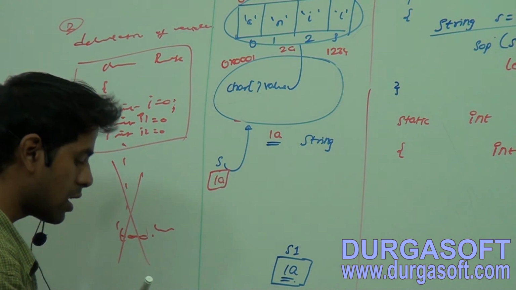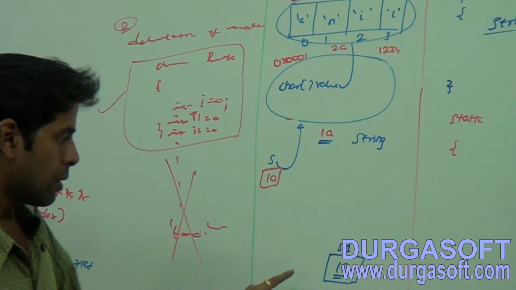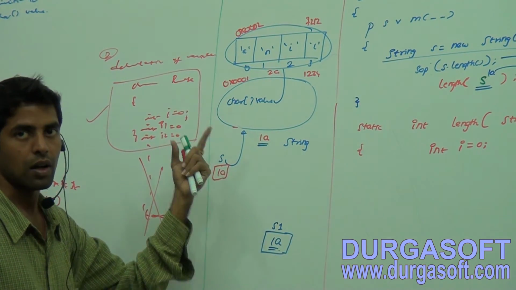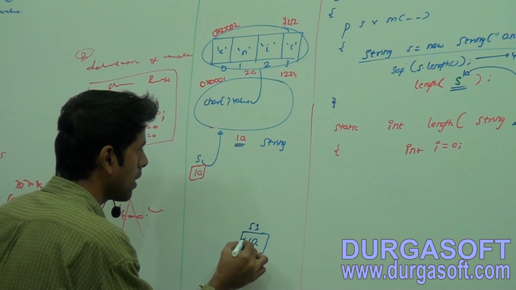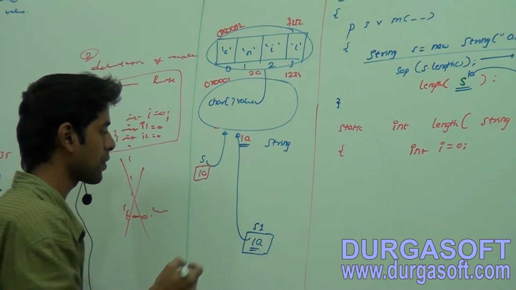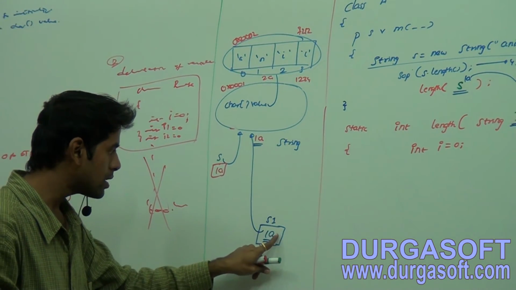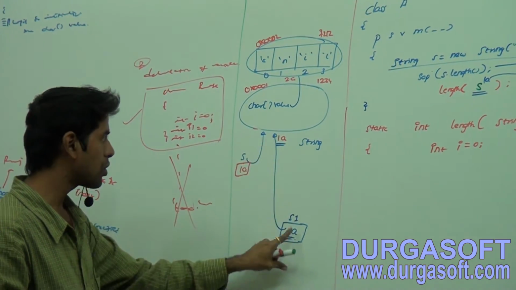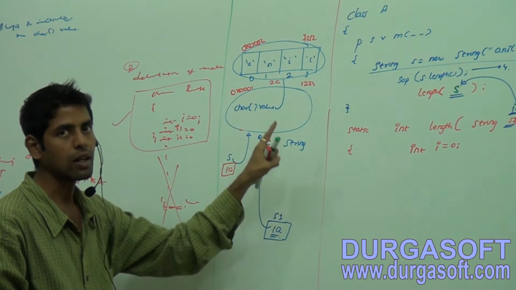Yes, both are same. From this one we can reach this memory block or not? Yes, so let me put one arrow mark. Okay, now through this reference variable I can access, I can reach this memory area.